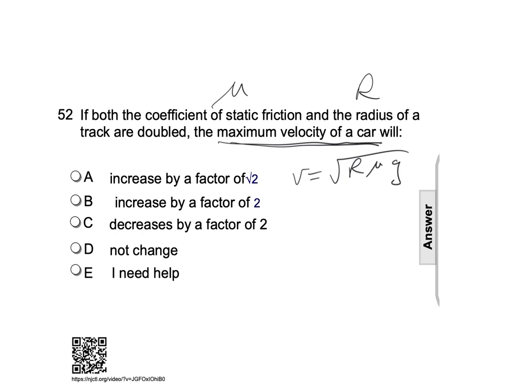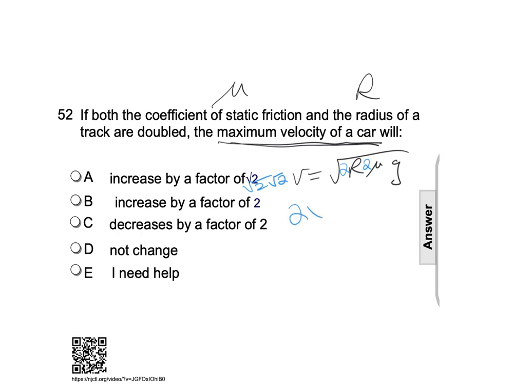So what did I do? I doubled both. So R and mu are doubled. So you've got to do the same thing on both sides. Square root 2 times square root 2, or square root of 4.